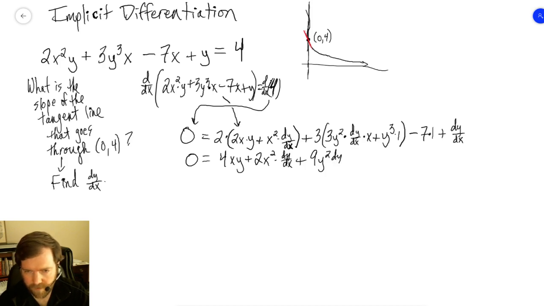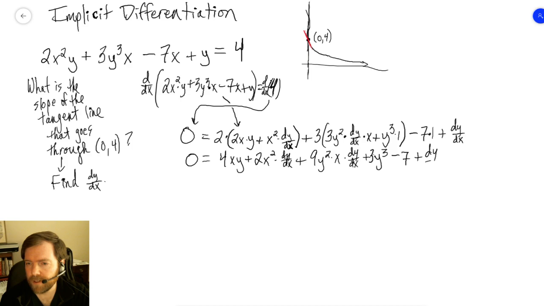Okay, we'll move that. All right, and then we get a y cubed times 3 minus 7 plus dy dx.